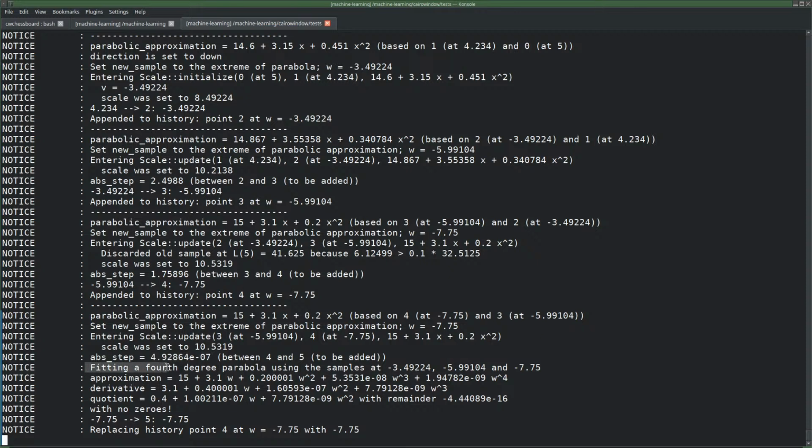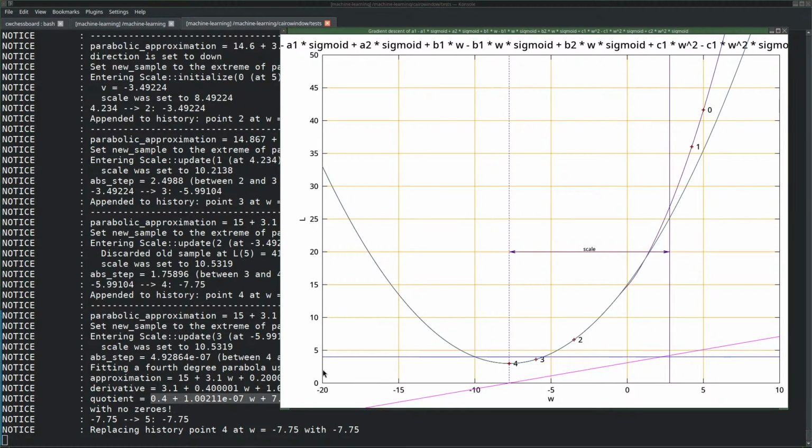At that point, we are fitting a 4th degree polynomial using the values and derivatives of 3 points, namely points at those values, among which the minimum, which looks like that, derivative is then that, and if you divide that by the 0 that we found, you get a quotient, which is a 2nd degree polynomial, from which we can calculate the zeros if it has zeros, but it does not have zeros because it's the blue line here, and it looks like, I don't know what it looks like.